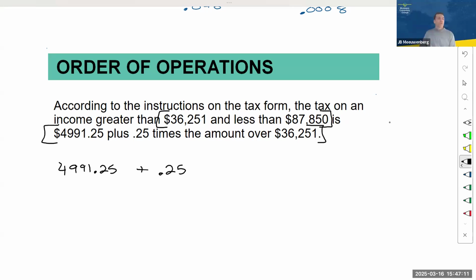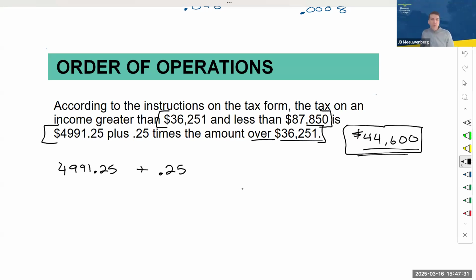36,251. So let's just say, for example, you have a salary, or an annual income, of $44,600. And you want to know how much income tax you're going to pay. You first have to calculate how much is this number over this number. How would you do that? You would subtract.